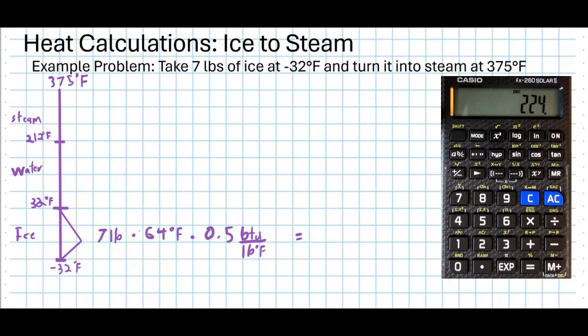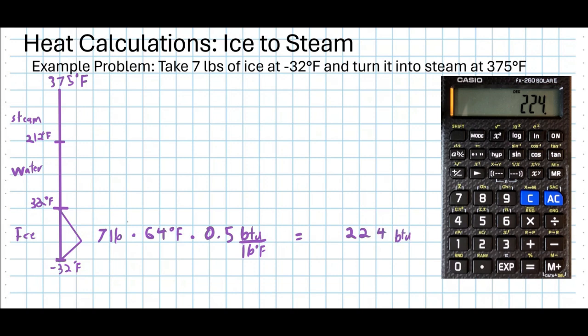On my calculator, I'm going to enter 7 times 64 times 0.5. That gives me 224 BTUs.